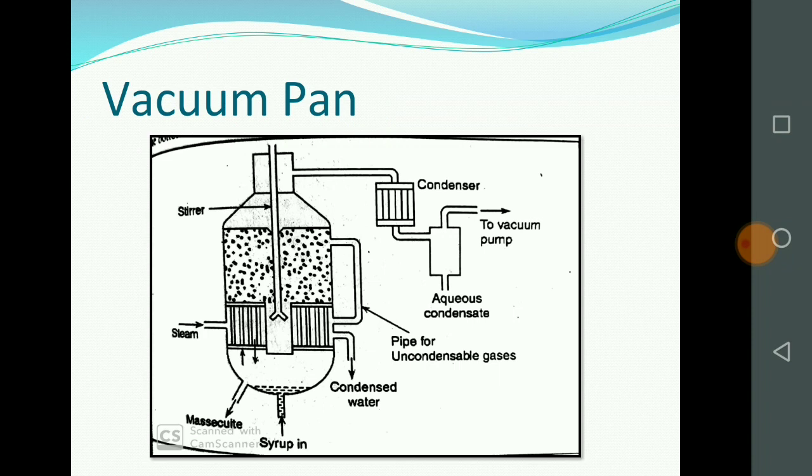Hot massecuite is fed to the basket and set to rotate till the speed reaches 1800 to 2400 rpm.